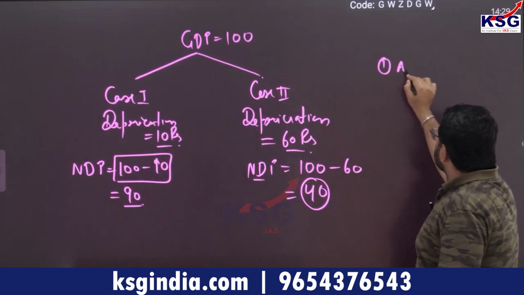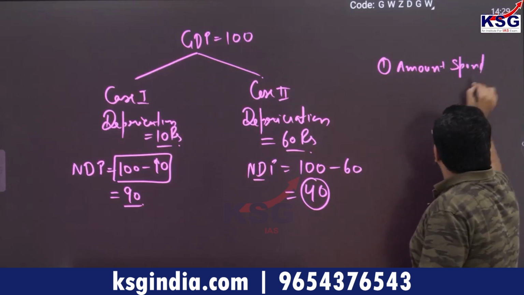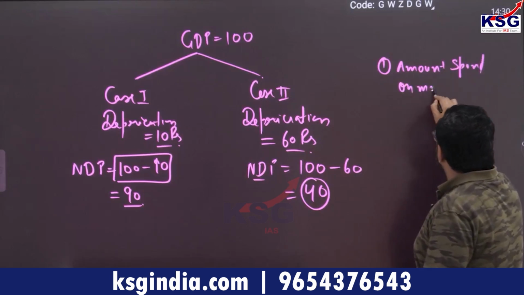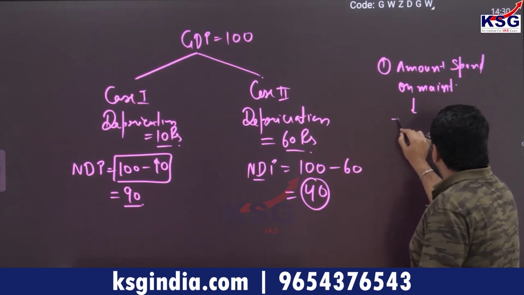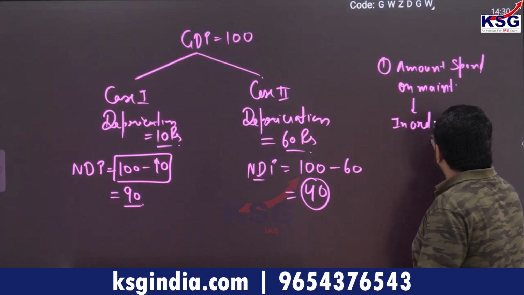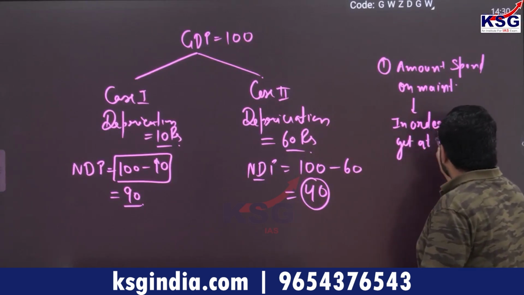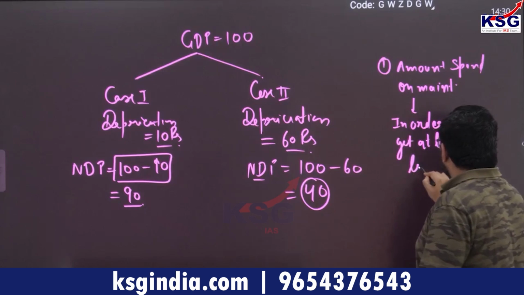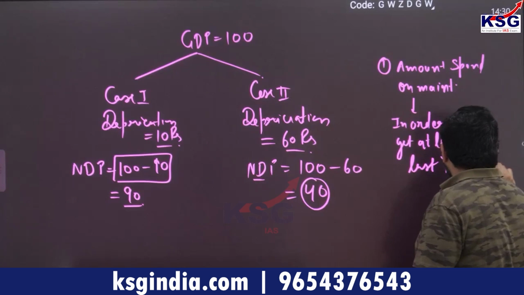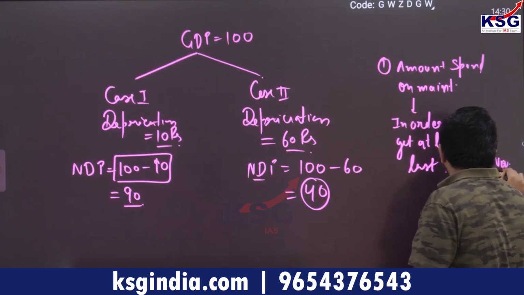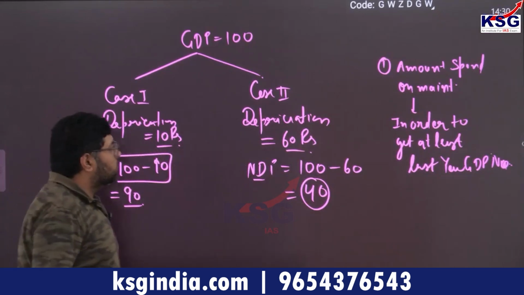So you can say amount spent on maintenance, or wear and tear, in order to get at least last year's GDP number. Clear? This is what you have to first spend.